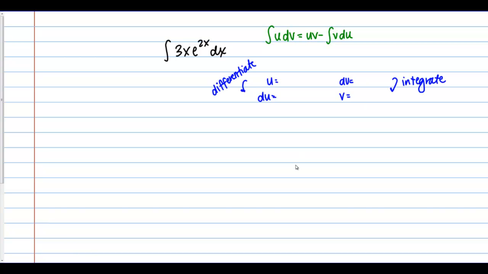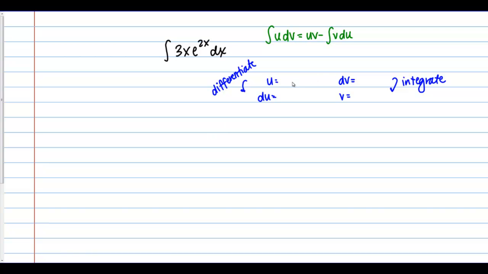Now, I've mentioned this before, but I'll say it one more time. There's no set rules for how to pick u and how to pick dv. It's going to be a little bit different for every problem, and you'll get better at it with practice. But there are some guidelines. There are some things that are usually true or usually helpful.